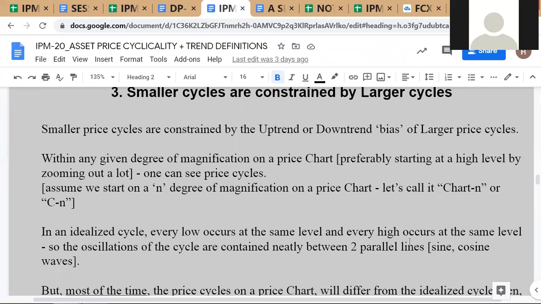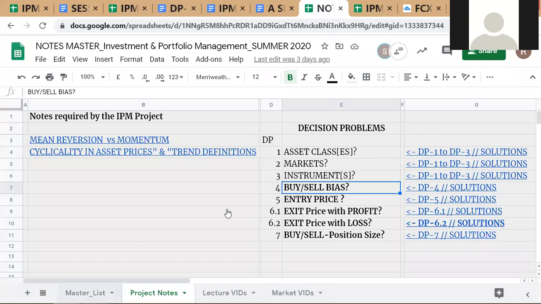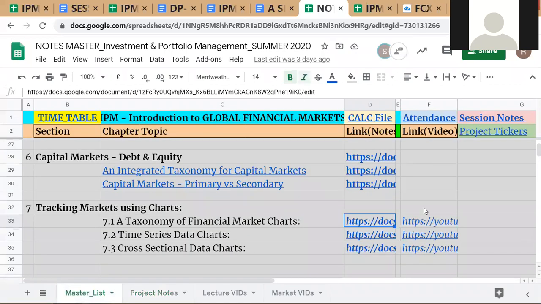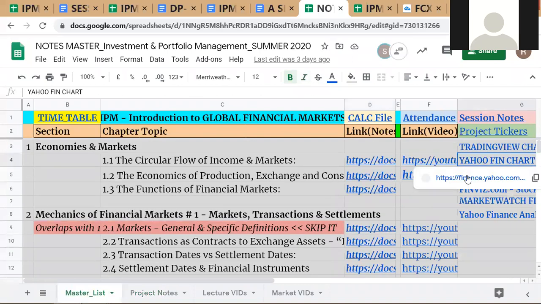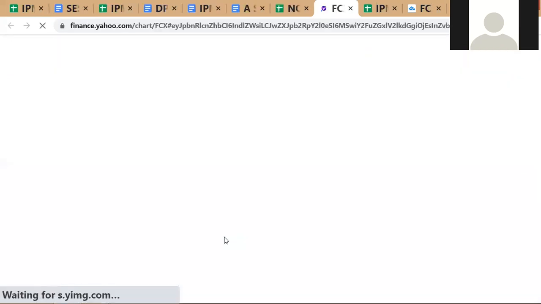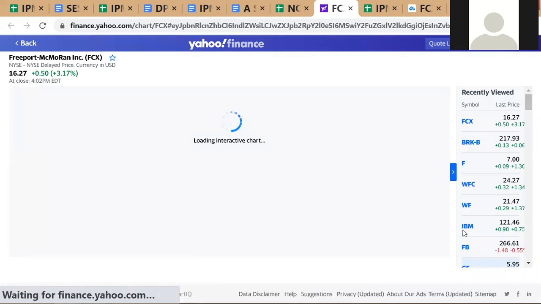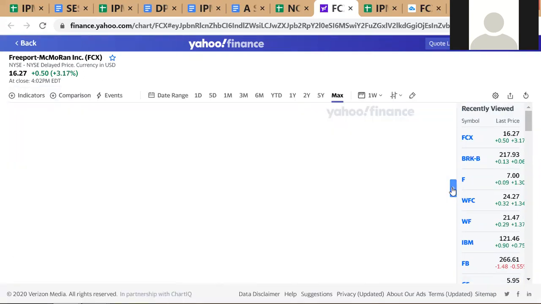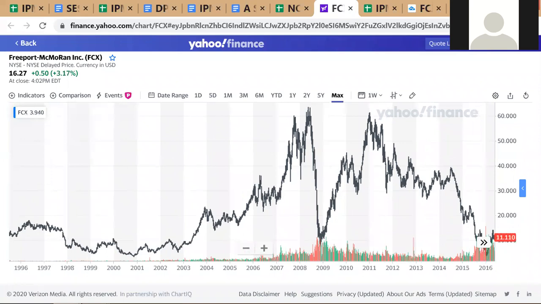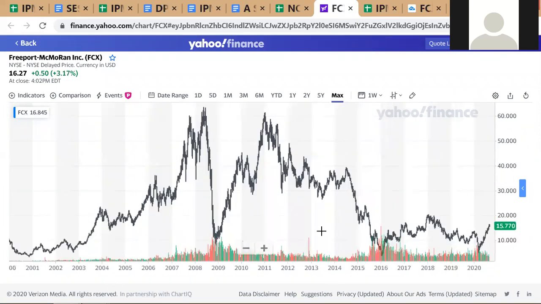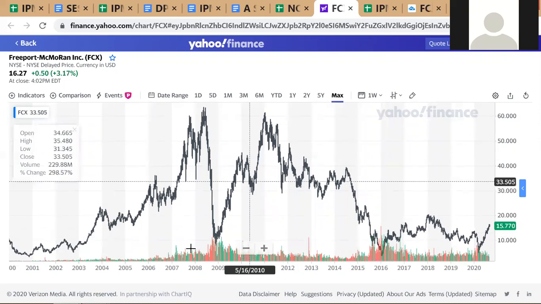So therefore, when you look at, we looked at in particular, what we looked at was, if we go and launch our Yahoo Finance chart. So the principle that leads us to use at least two time frames, and you can use multiple, is this principle of smaller cycles constrained by larger cycles.